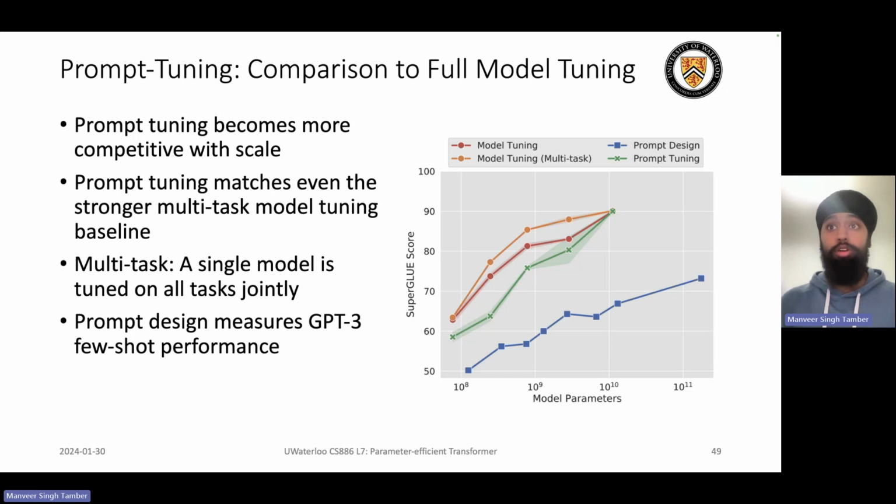But for a sufficiently large T5 model, prompt tuning does just as well as full model fine-tuning, or multitask full model fine-tuning. The fourth line there is prompt design, the blue line, and that measures the performance of GPT-3 in a few shot in-context learning example. So their method where they train actually does better than GPT-3, just using the T5 model.